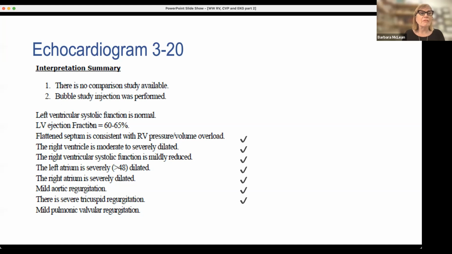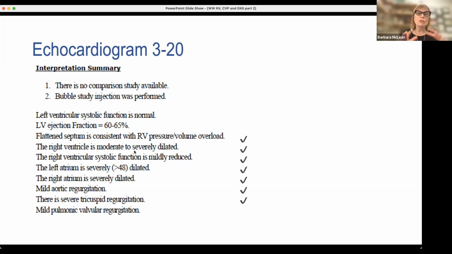But the wall that divides the LV from the RV should always be bowed over into the right ventricle, and it's flat. That means that the RV is typically overloaded, that the RV is dilated. And indeed, I put these little checks here. The RV is dilated, moderate to severely dilated. I'm going to tell you severely dilated. When I look at her X-ray, I can see it's severely dilated. Okay.